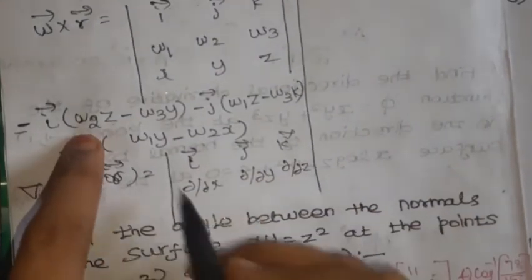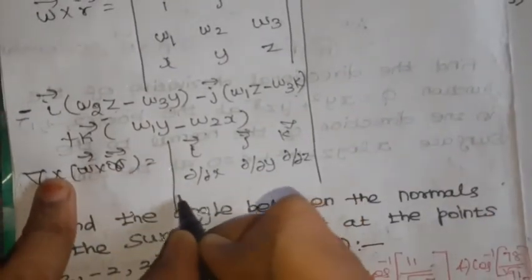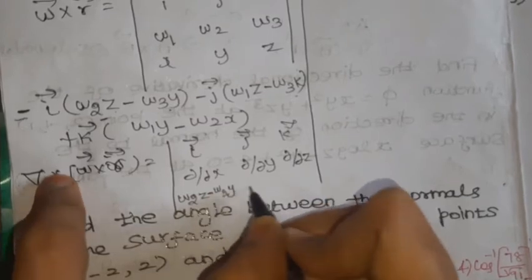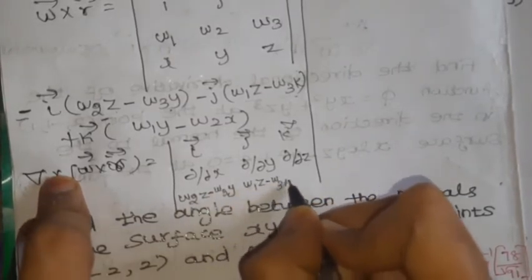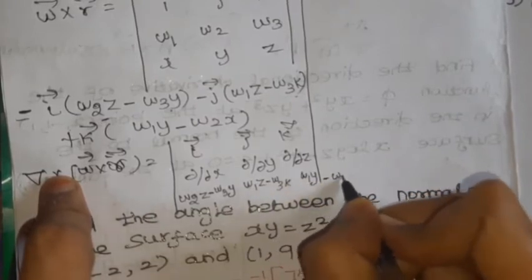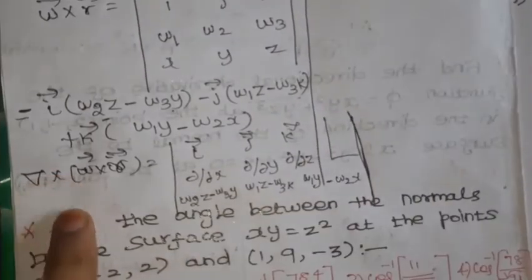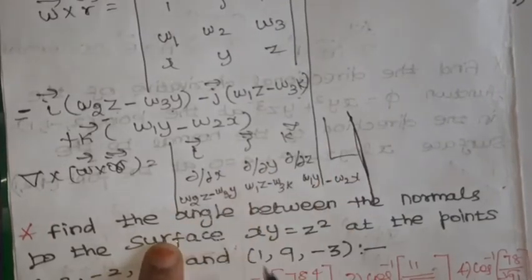Then here for the i term, j term and k term: w2z minus w3y, w1z minus w3x, w1y minus w2x, in the third row. Now we are going to expand this.